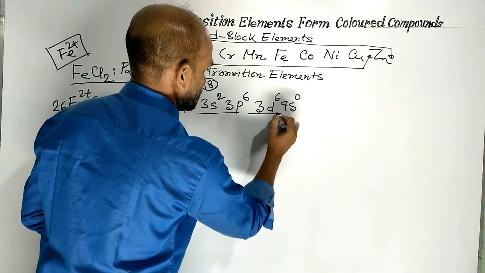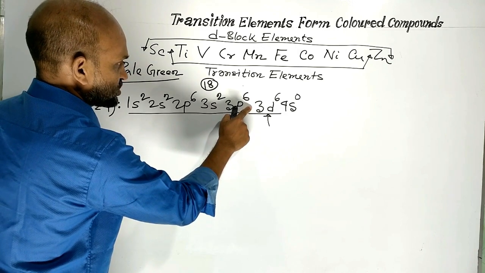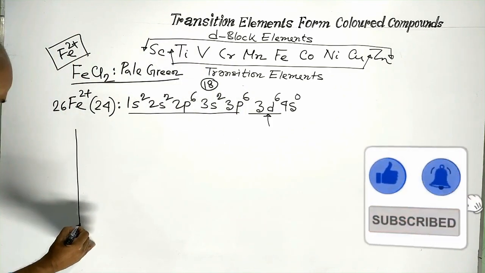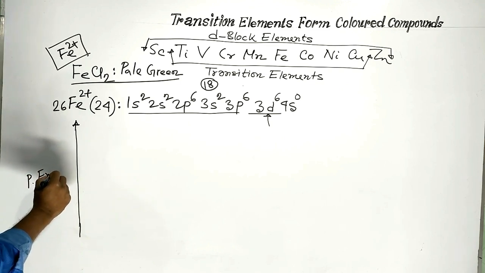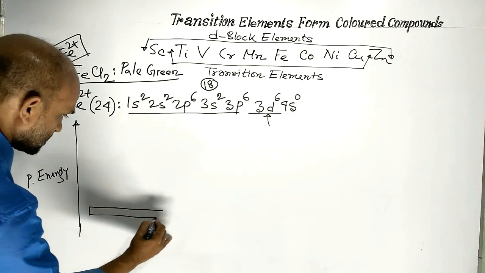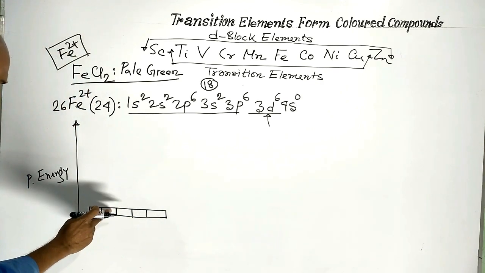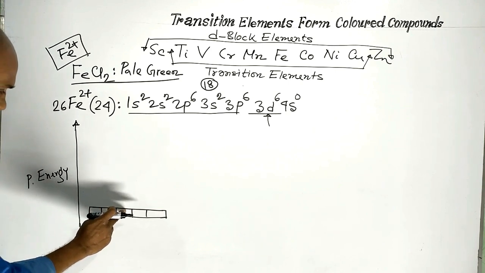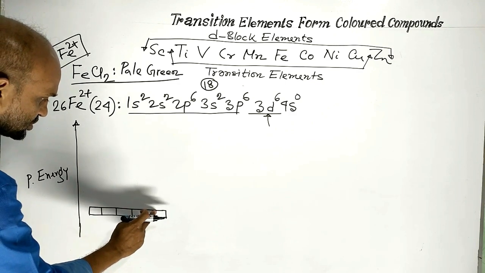Here we see that partially filled d orbitals are responsible to form colored compounds. Here, on the potential energy scale, d orbitals: 1, 2, 3, 4, 5 d orbitals: dxy, dyz, dzx, dx square y square, and dz square.